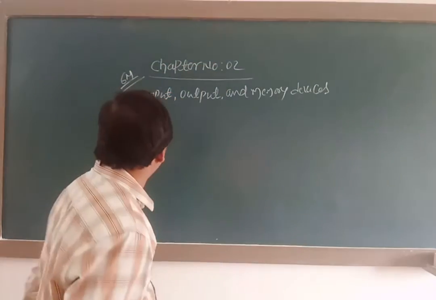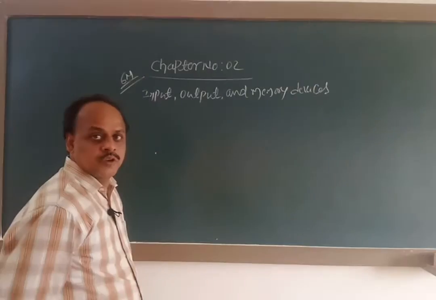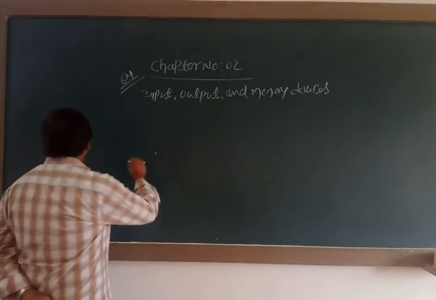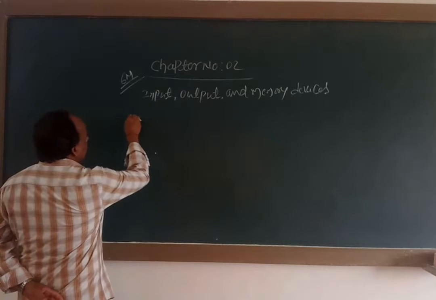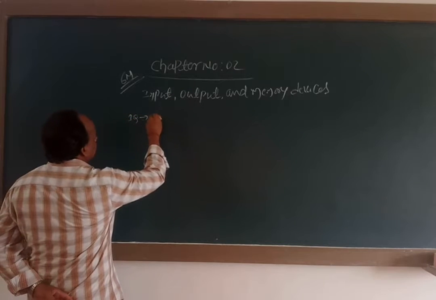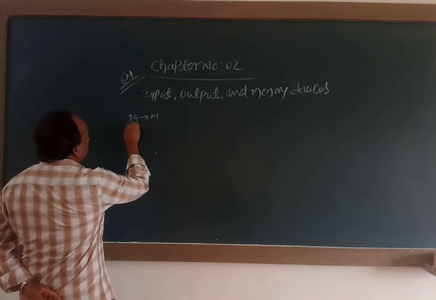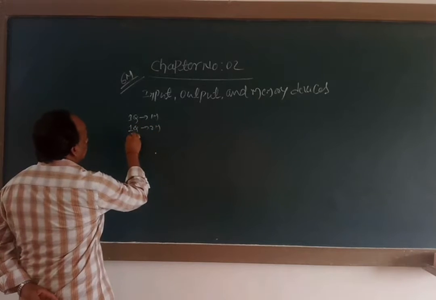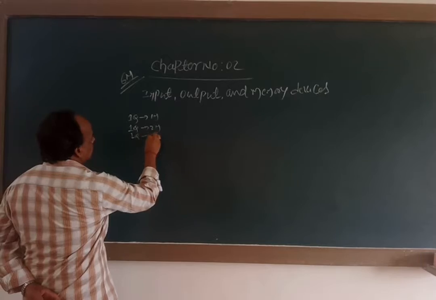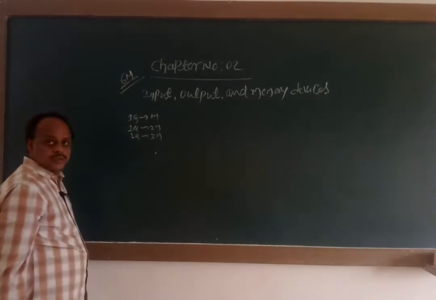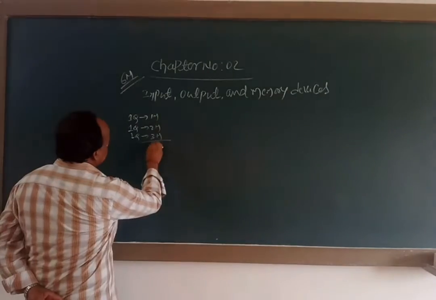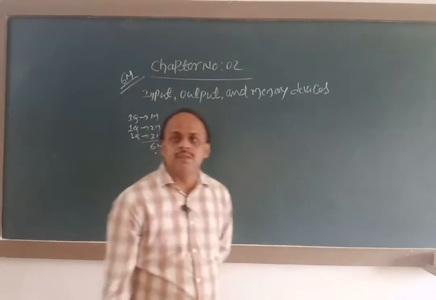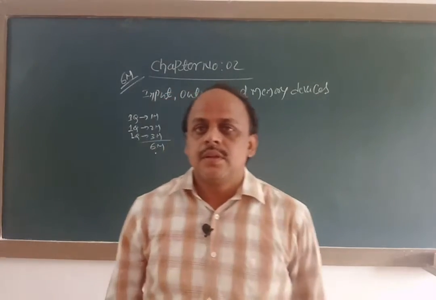How these 6 marks are distributed: we are getting one question of 1 mark, one question of 2 marks, one question of 3 marks. Totally we are getting 6 marks from this chapter, right?